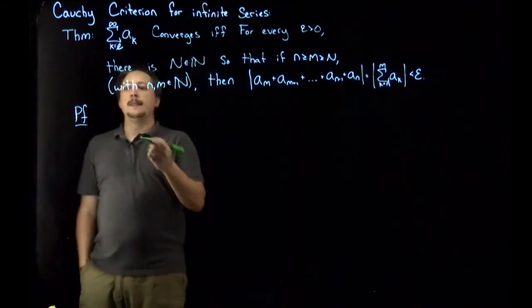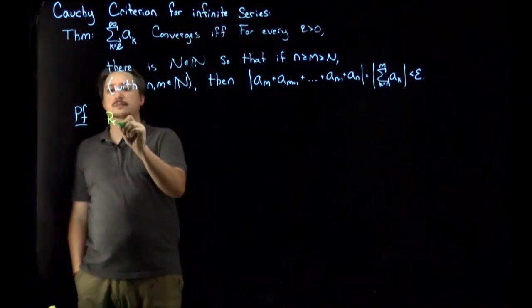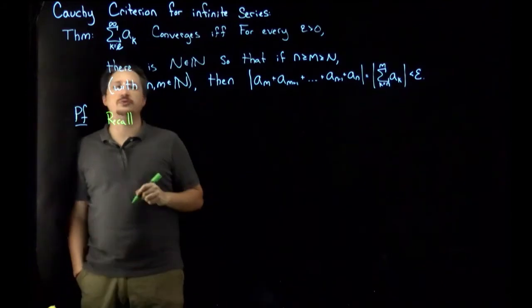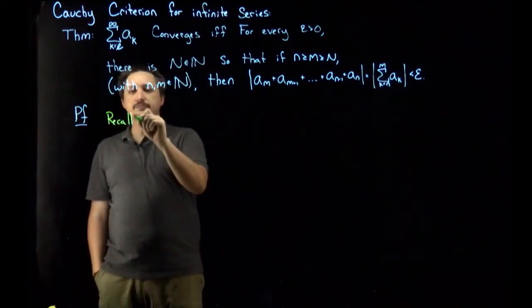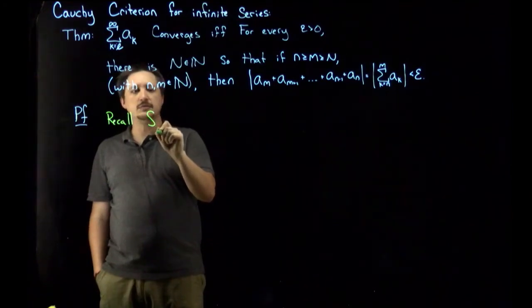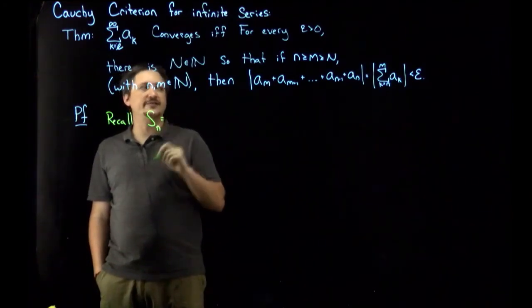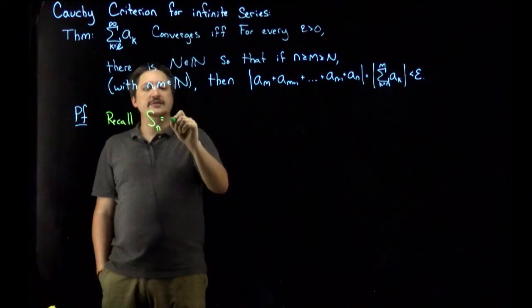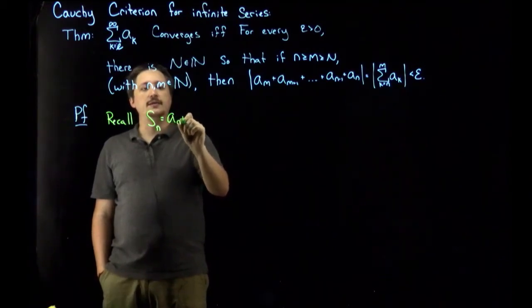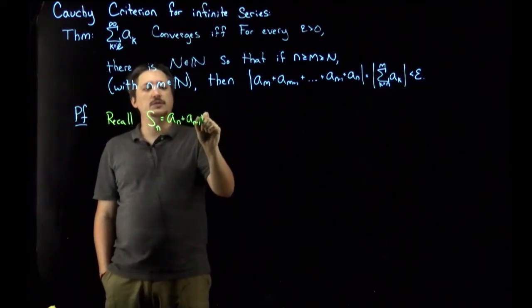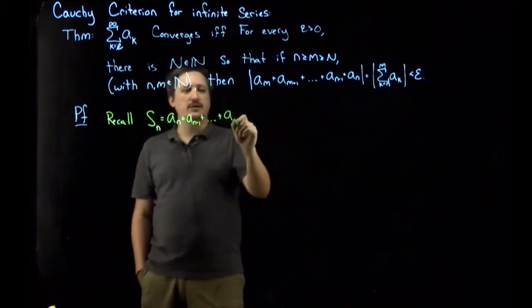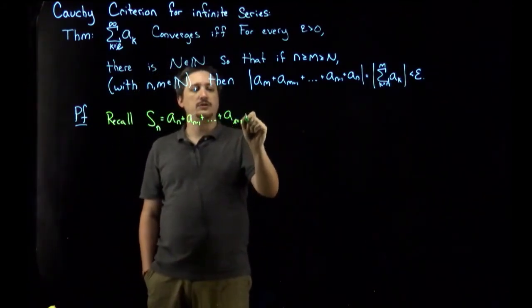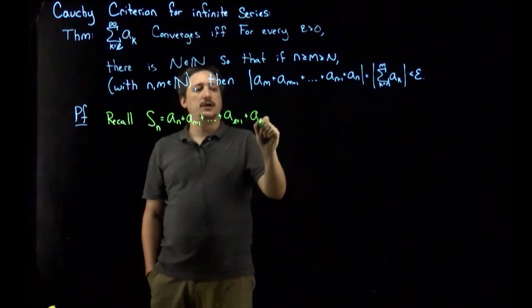So recall, meaning we already know this, but I'm going to use it to draw your attention here. Recall S_n, I'm going to use lowercase n because I'm going to be using this later. This is a_n plus a_(n-1) plus ... all the way down to the first thing, which was a_(L+1) plus a_L.